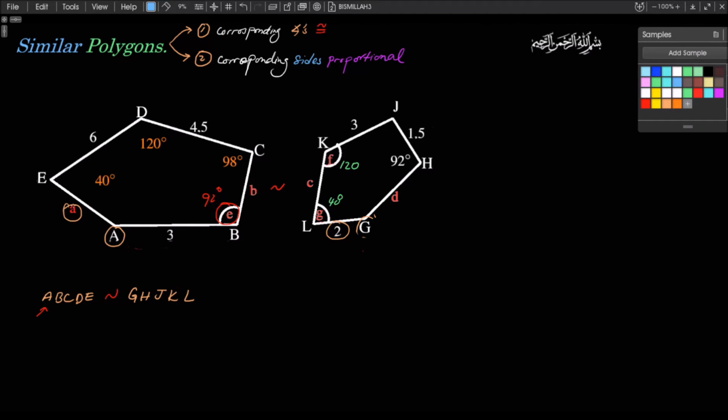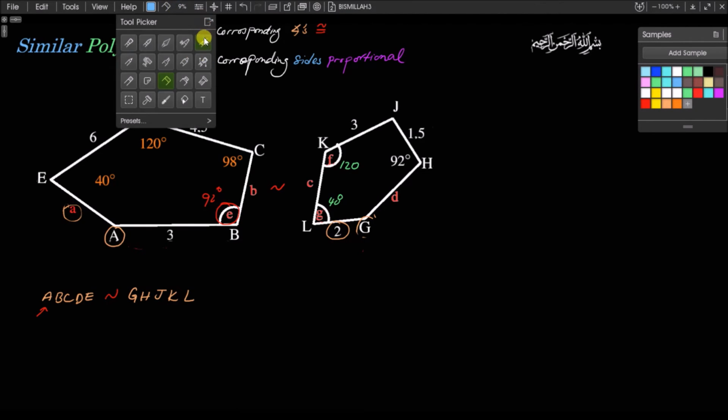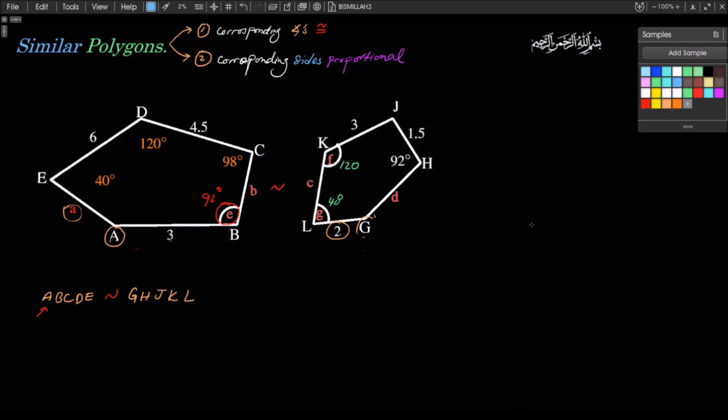So now we have to find the side A over here. Now we know that these figures are similar, so all the sides have to be proportional. So we can set up a proportionality. So this side over here corresponds to this side over here. So I can say A over 2 equals, so that has to be proportional to some other sides.